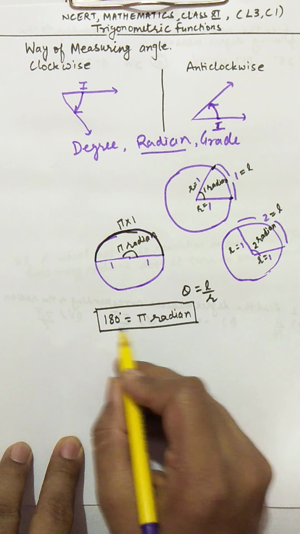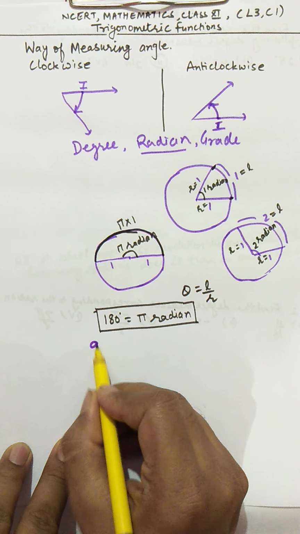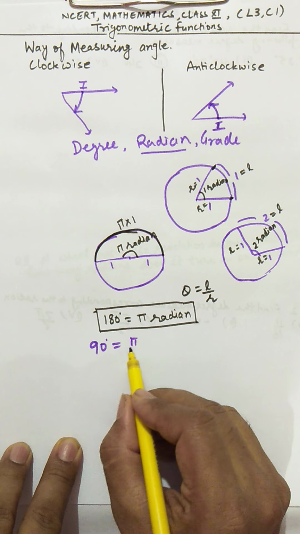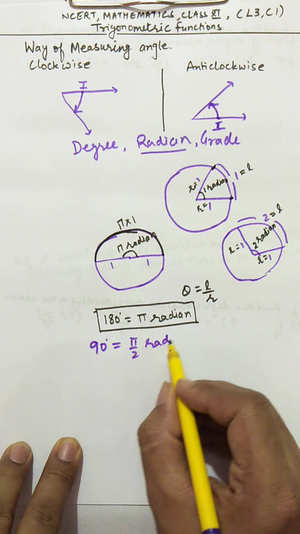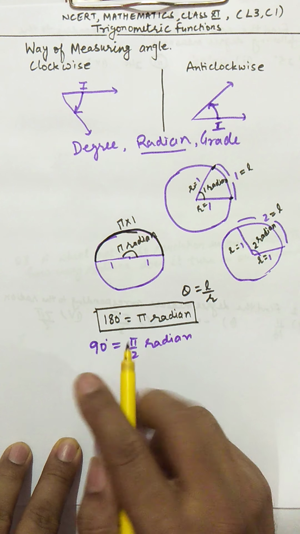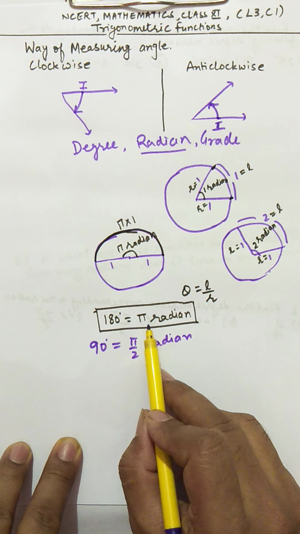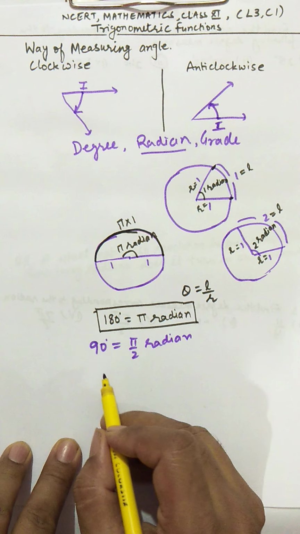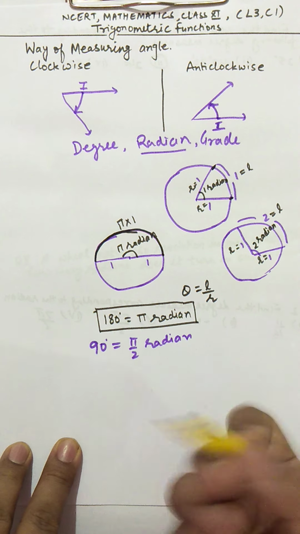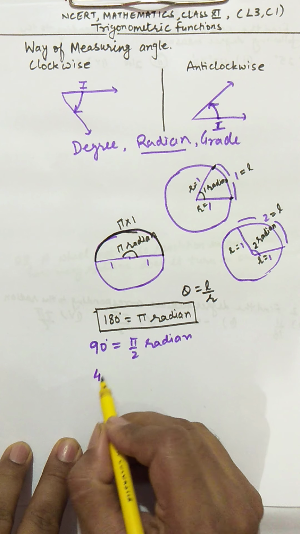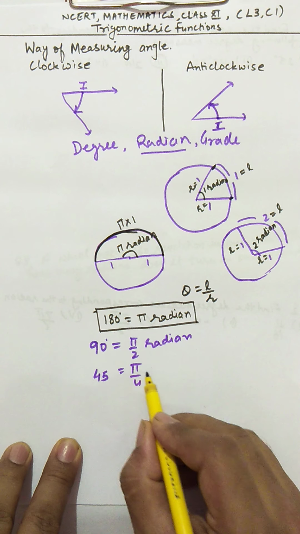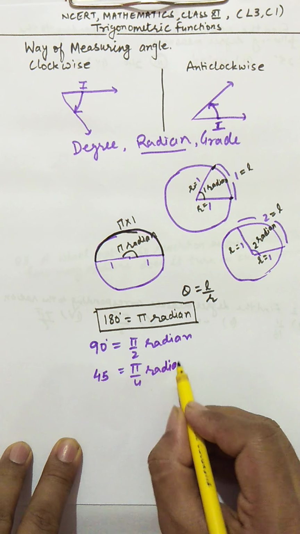Now, on the basis of this we can find some other relations. If 180 degree is pi radian, then 90 degree will be pi by 2 radian. You take half of 180 and half of pi, so 90 is half of 180 and pi by 2 is half of pi. Similarly, for 45, you again take half of 90, so this will become pi by 4 radian.